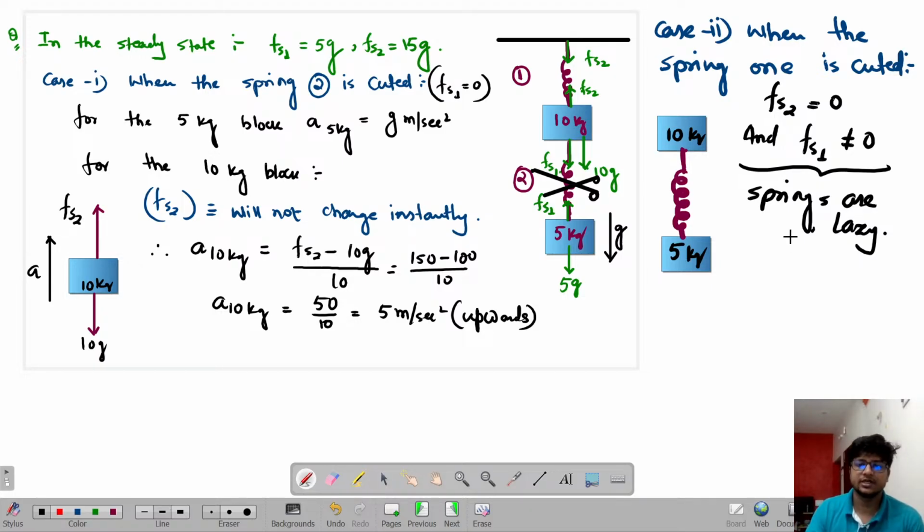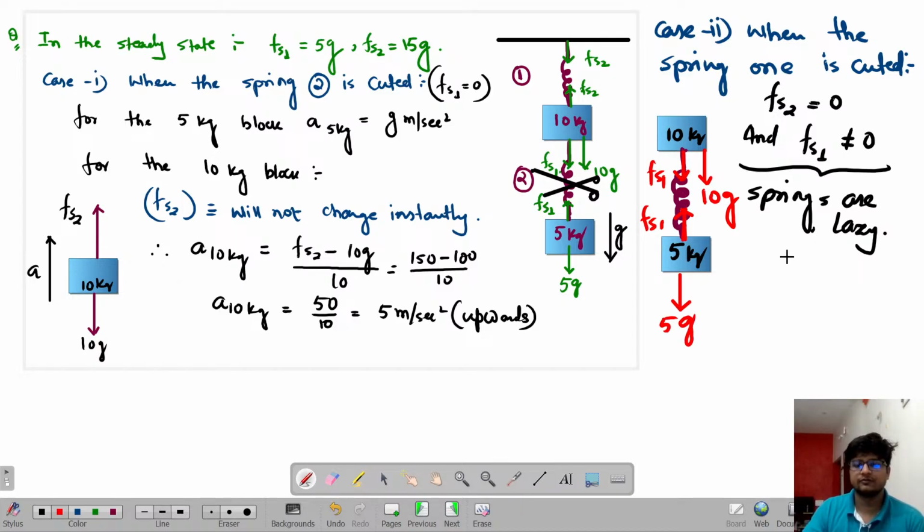Means what will happen over here is this: for 10 kg, Fs2 will become 0 and Fs1 will not become 0. So look over here. This is 5 kg, this is Fs1, this is also spring force 1, this is the weight of the body. And Fs2 has become 0. So this is Fs1, this is 10g, this is 5g.